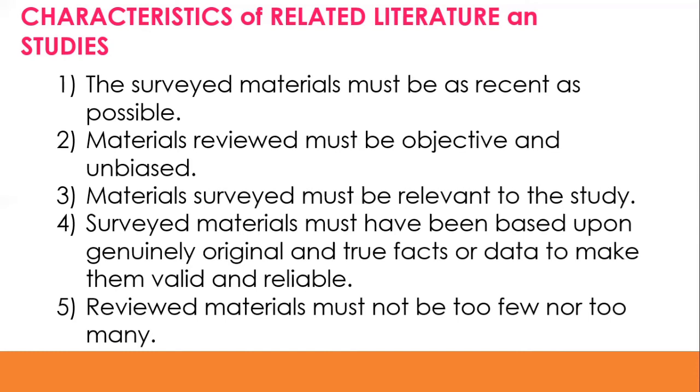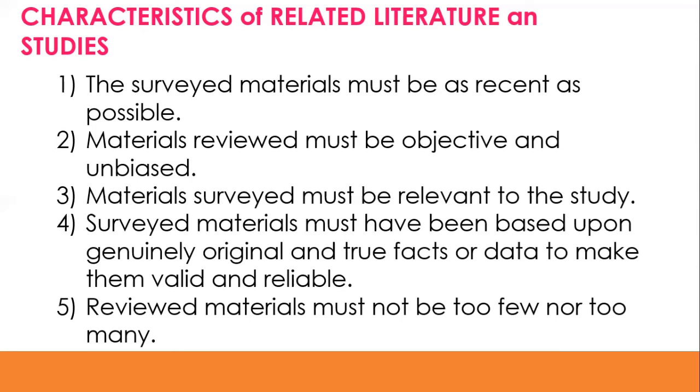Now, ordinarily, from 10 to 15 related materials are needed for a master's thesis, and from 15 to 25 for a doctoral dissertation, depending upon their availability as well as their depth and length of discussion. And on the other hand, for an undergraduate thesis, from 5 to 10 may do.